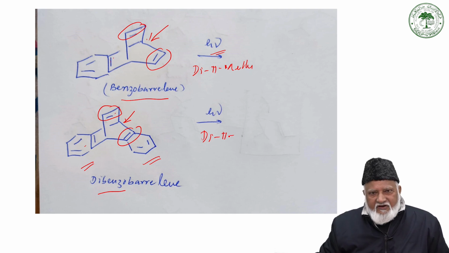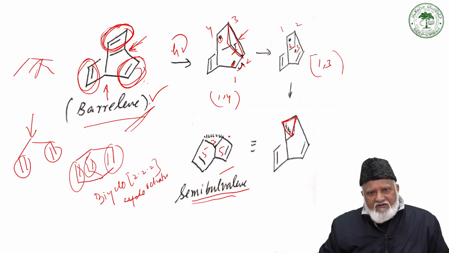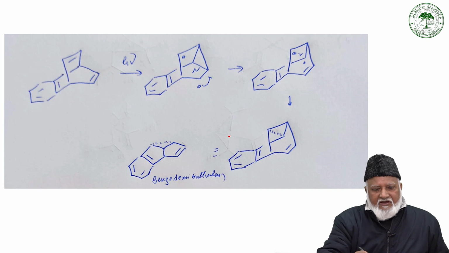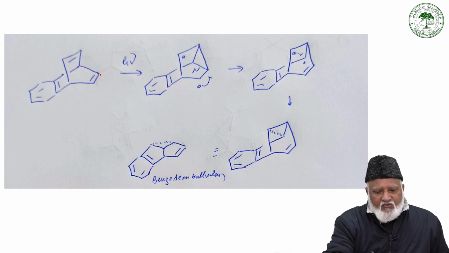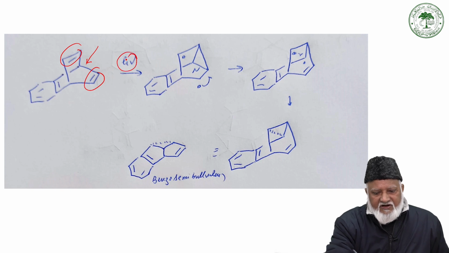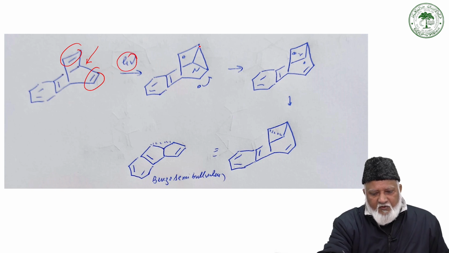Let us see the steps involved in this rearrangement. People have tried benzobarrelene to see whether it goes through a similar rearrangement or not. Here again, considering these two double bonds and this methylene group under photolytic conditions, it can form a cyclopropane ring.